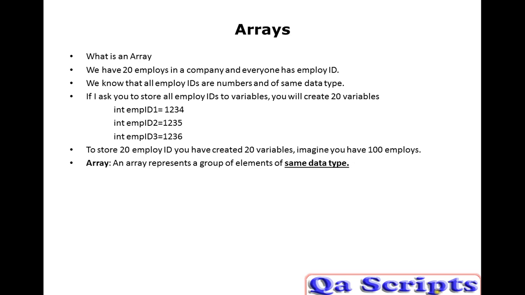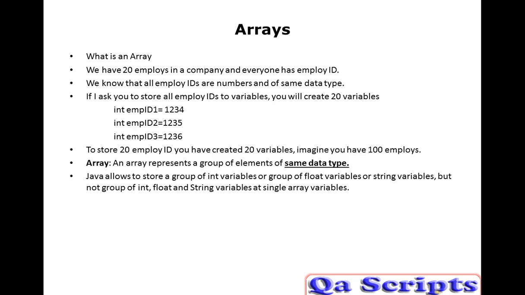Here I have underlined same data type because an array is nothing but a group of elements of the same data type. Java allows you to store a group of int variables, or a group of float variables, or a group of string variables, but not a group of int, float, and string variables in a single variable or single array.